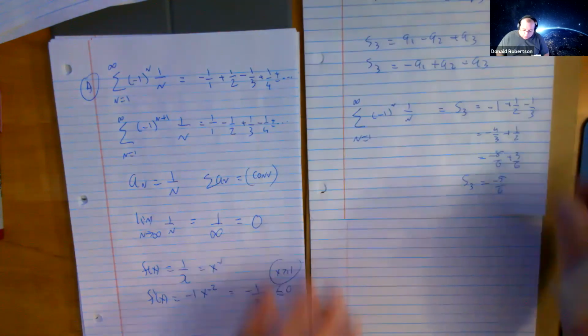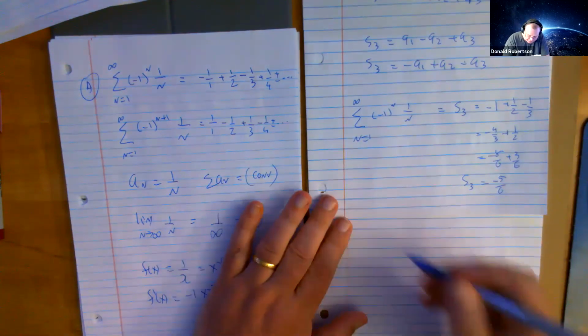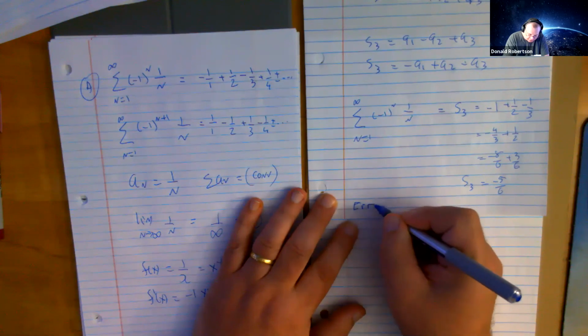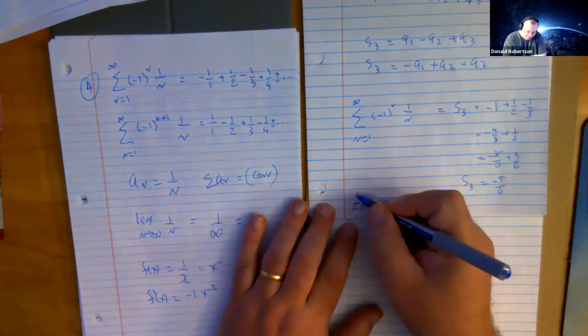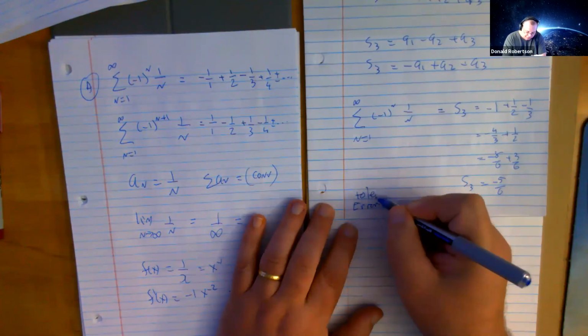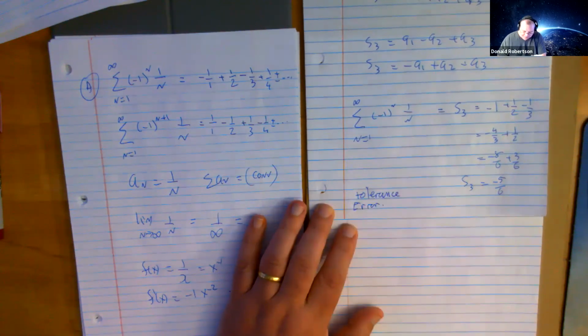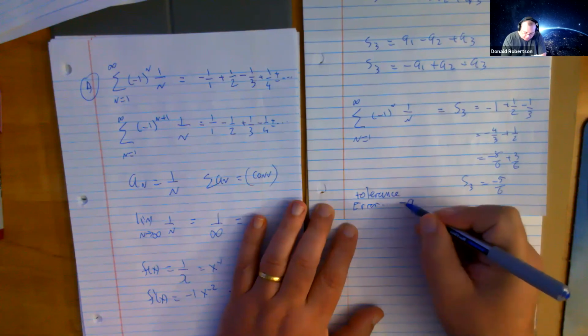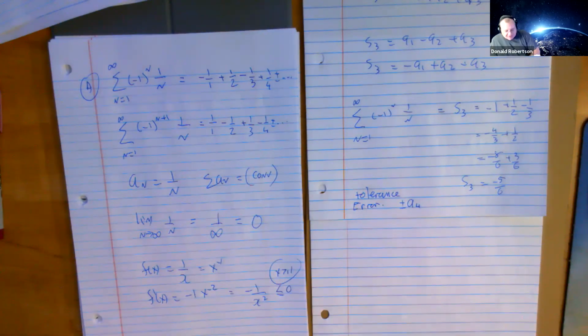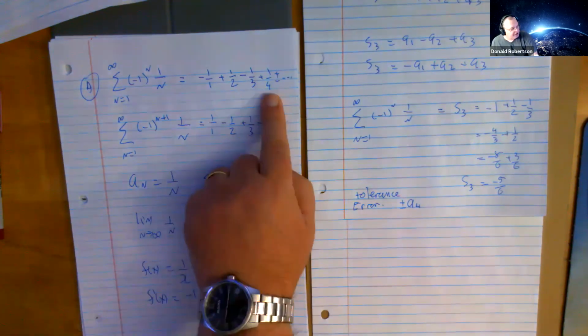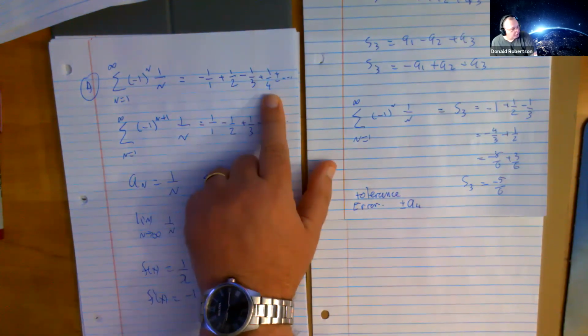So what you can do with partial sums is, it can tell you what the error is. Now, the error, or maybe a better term would be the tolerance, is plus or minus a_4. The next term, in this case, would be a quarter.